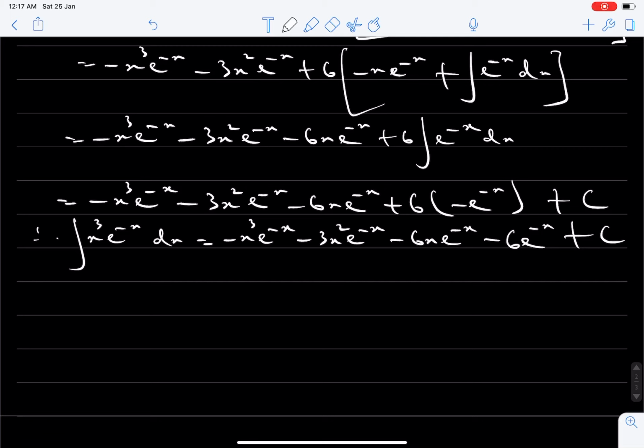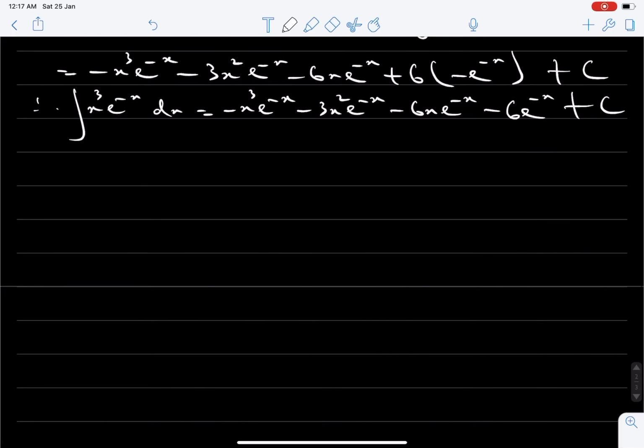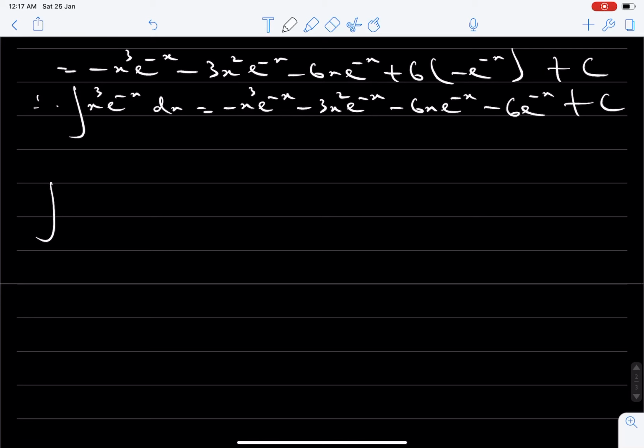And that's it, simply. Let's take maybe a last one. Evaluate the integral of 2x ln x dx.